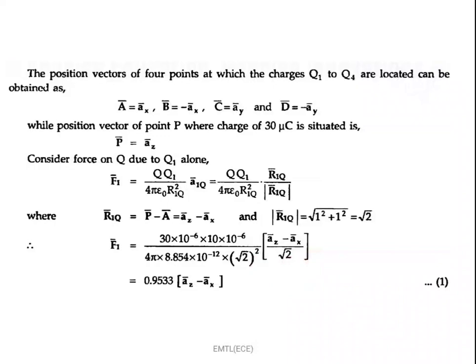So this is the vector of R bar 1Q and this is the mod of R bar 1Q. Now by calculating these values except this vector, this value is equal to 0.9533 Az bar minus Ax bar. This is the force on Q due to Q1.